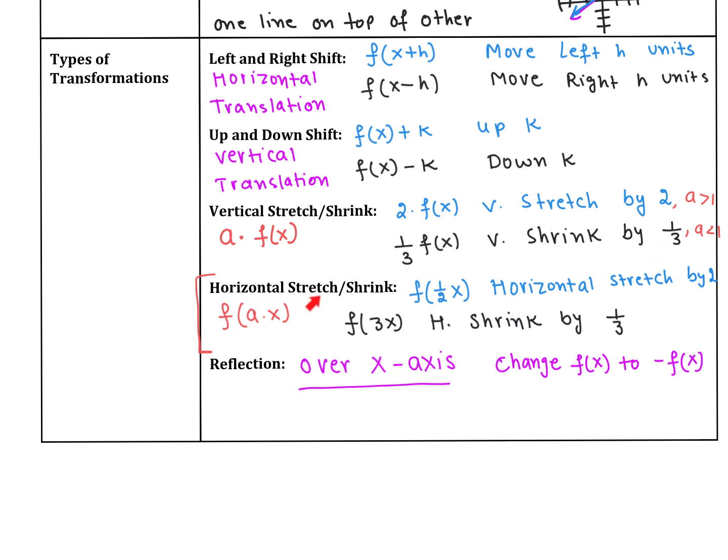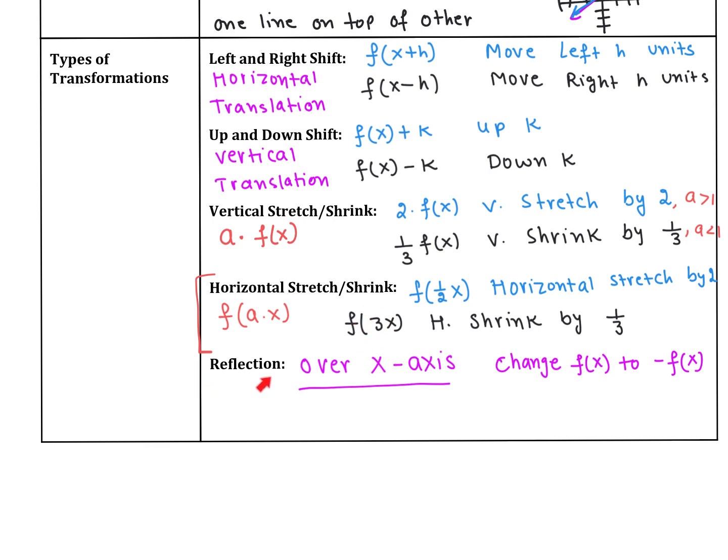For horizontal shrink and stretch, the number multiplies inside the function, and it is the opposite of vertical stretch and shrink. If the number is less than 1, then you're going to have a stretch by that factor. If the number is more than 1, then you're going to have a shrink by its fraction.